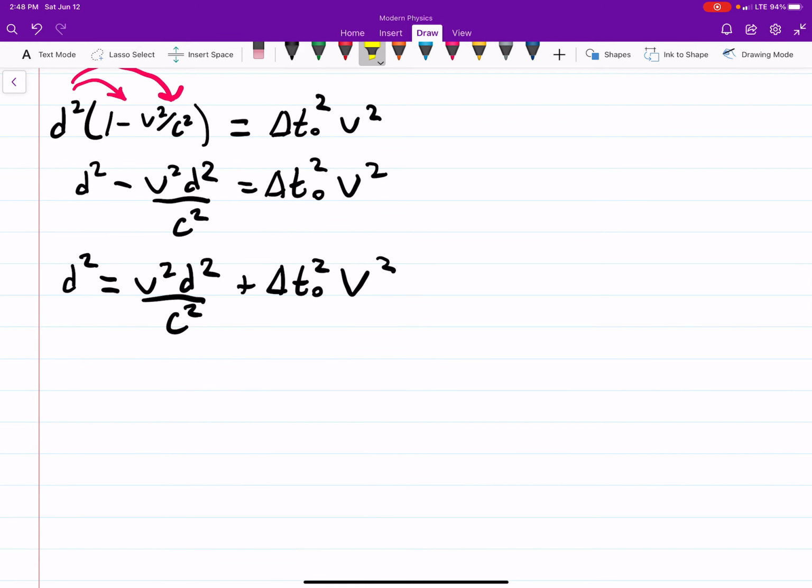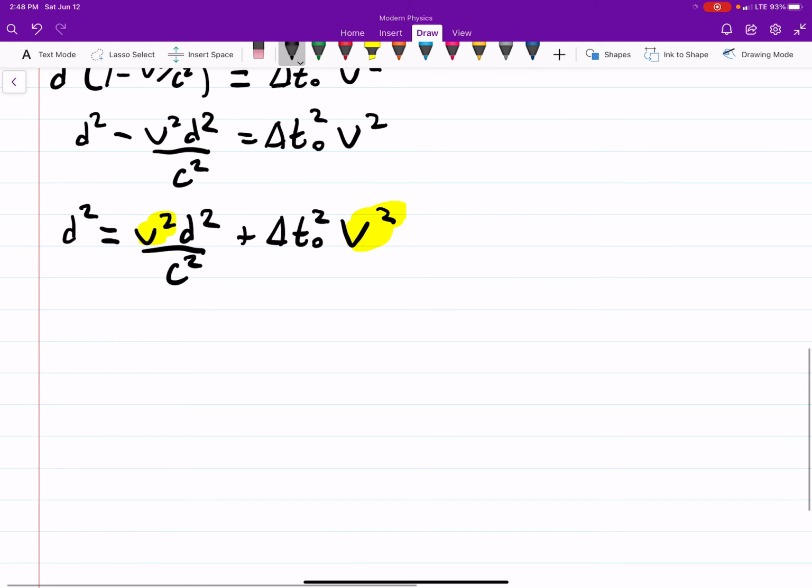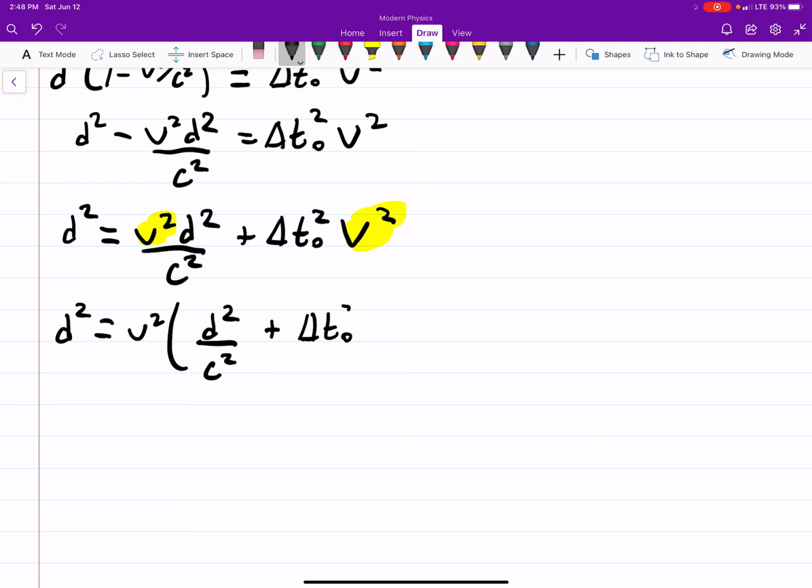And now I see both of my terms on the left have a v squared in them, which is fine. So let's factor that out. If I do that, I'll be left with d squared over c squared plus delta T naught squared.